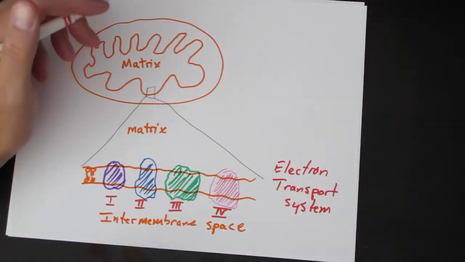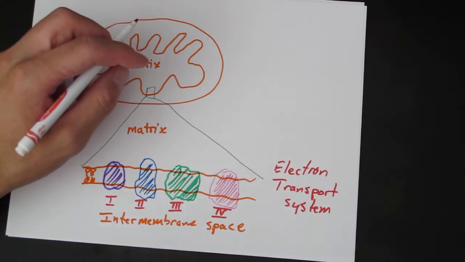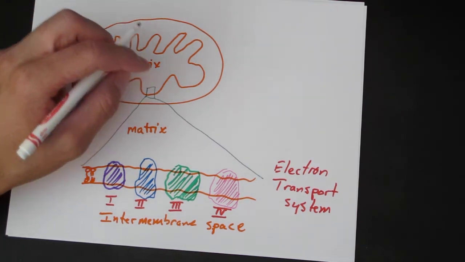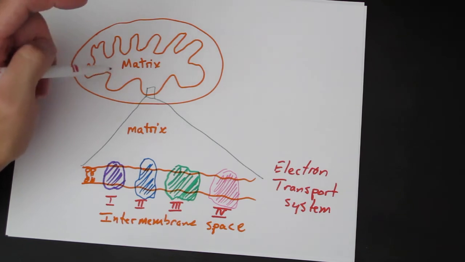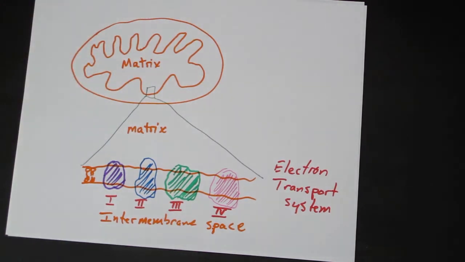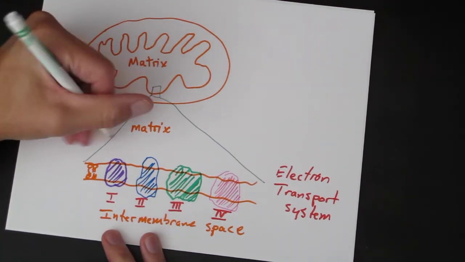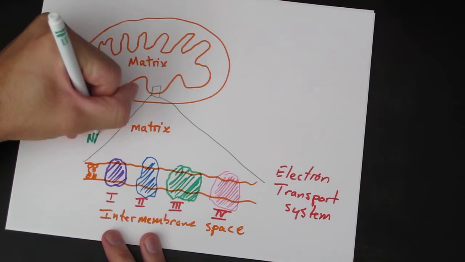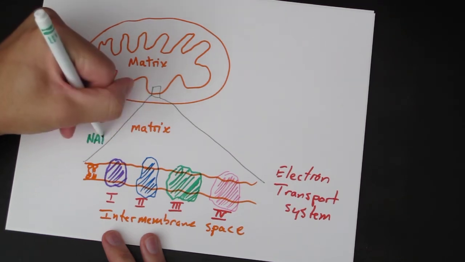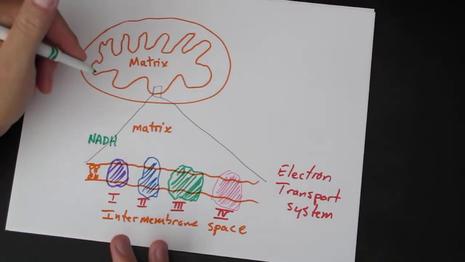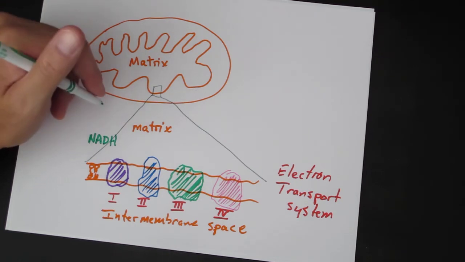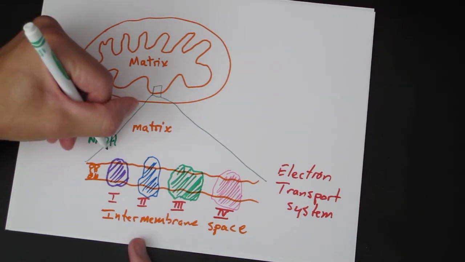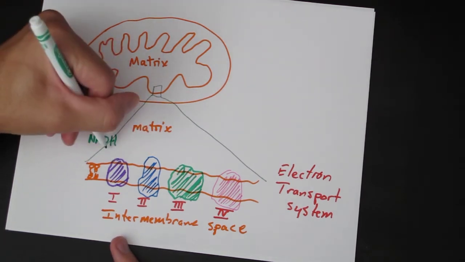So let's look at what the electron transport system does and why it's important. Now, remember that all of those high-energy electron carriers that we've been following are floating around, not in the cytoplasm, but in the matrix. So here we have an NADH. And eventually, it's going to come into contact with complex 1 of the electron transport system.